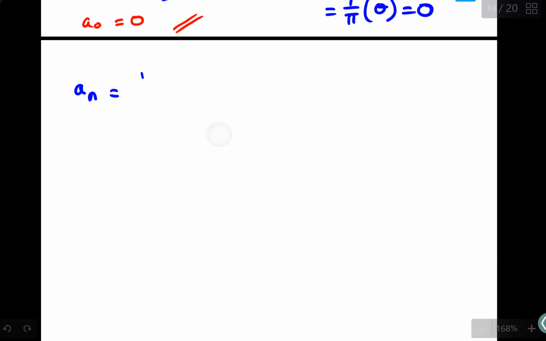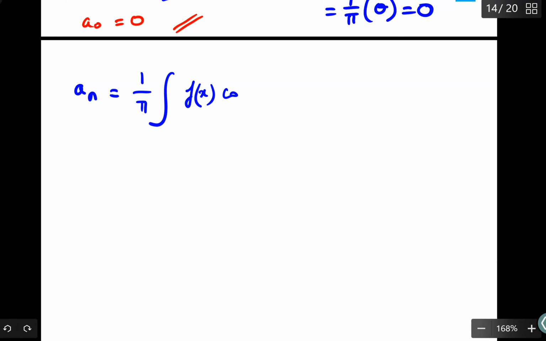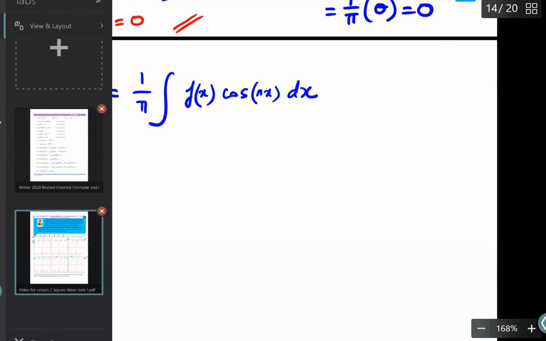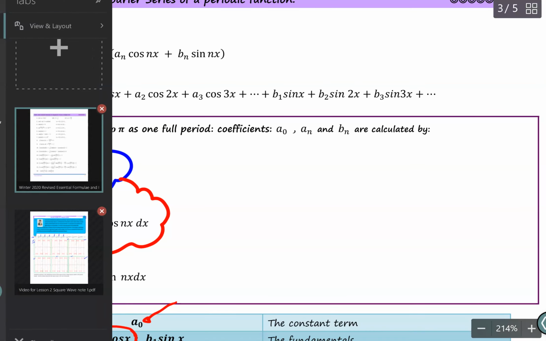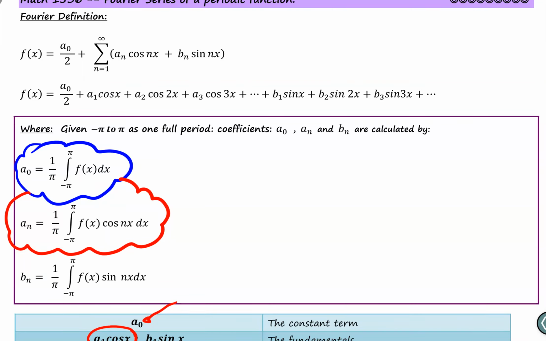1 over pi. In this case, I should have f of x cos of n times x dx. Let's check the upper limit and the lower limit.